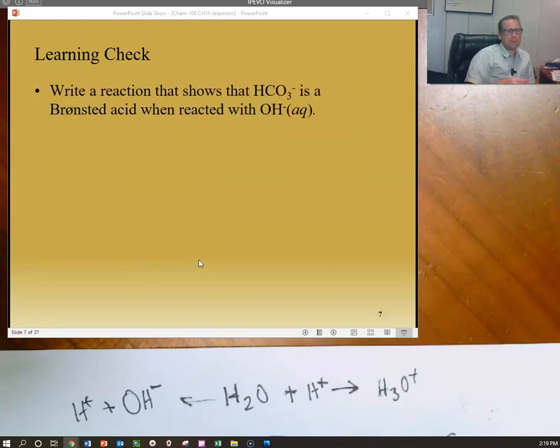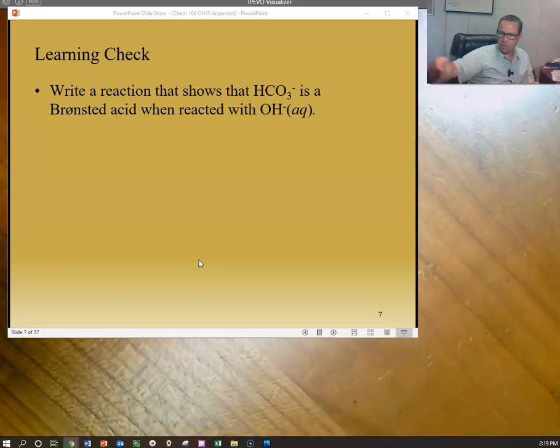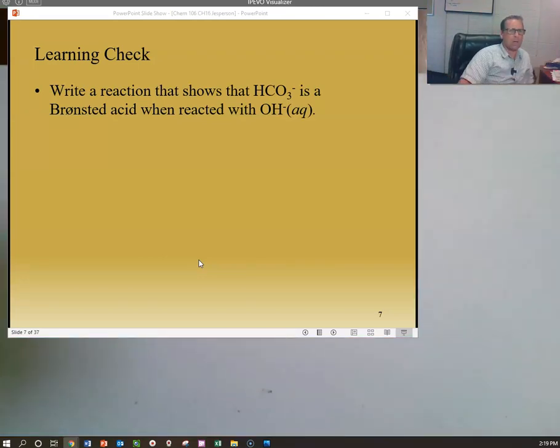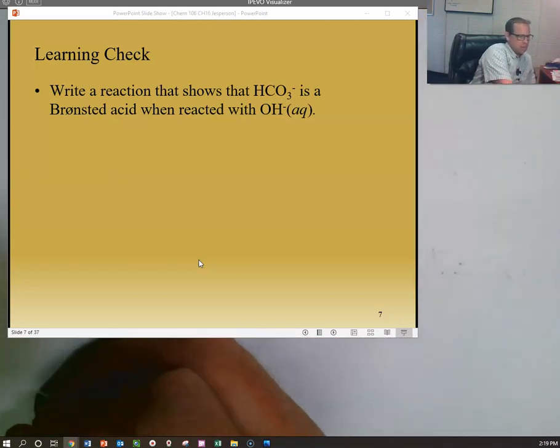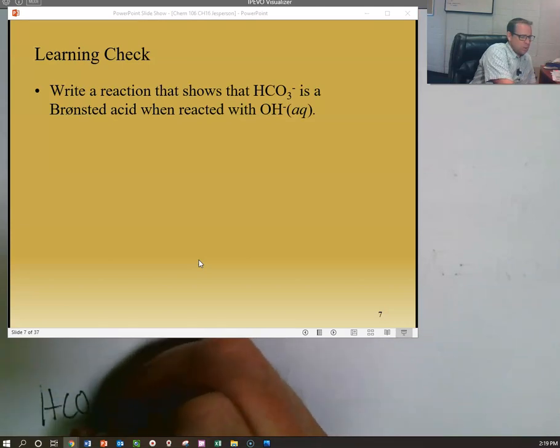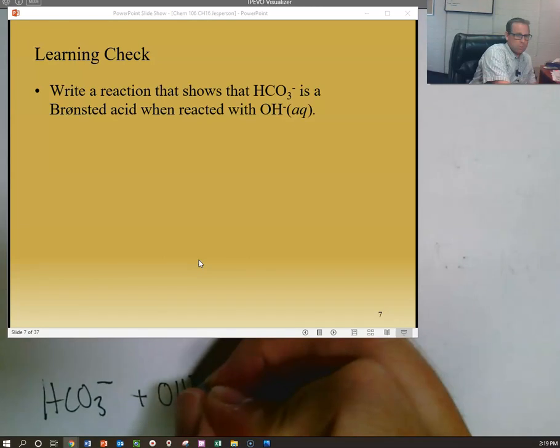Now we want to write a reaction in which HCO3 minus is an acid, and it reacts with OH minus. So that's going to look like HCO3 minus reacting with OH minus.